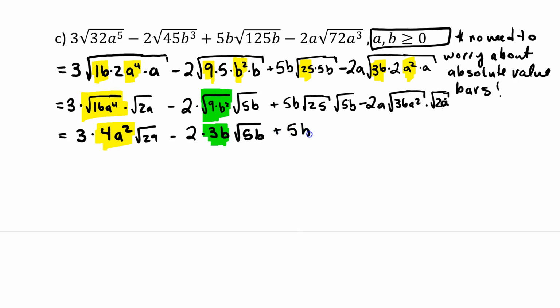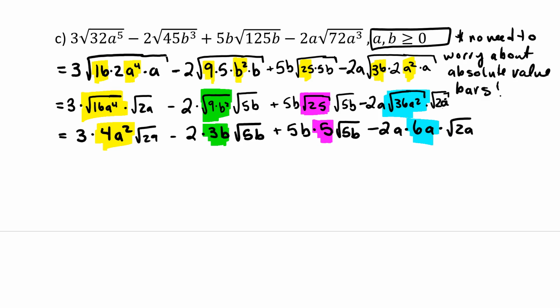Plus 5b times 5 times root 5b. That's a lot of 5b's. But we're saying that root 25 is the same thing as our 5. And we're going to subtract 2a times, this dot always means times, by the way, times 6a times root 2a. And lastly, root of 36a squared is the same thing as 6a.